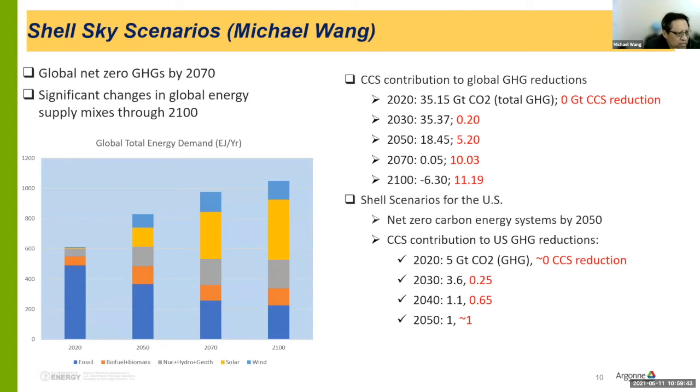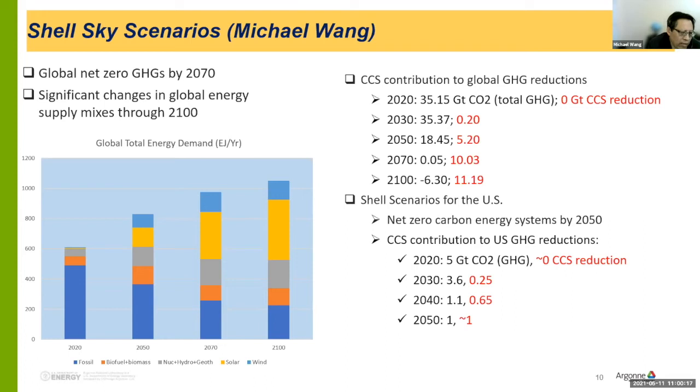The Sky scenario has a goal of global net zero greenhouse gas emissions by 2070. There are significant changes in the global energy supply mix through 2100. As you see here below in the chart, the fossil energy, that's the blue bar, is going to reduce significantly from 2020 to 2100.